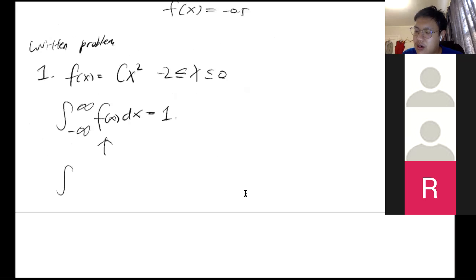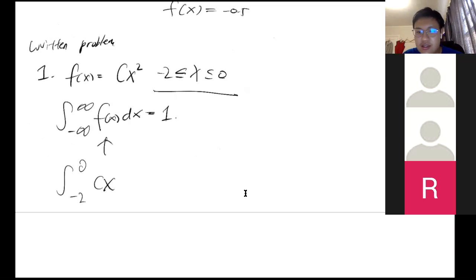Again, x is in the range of negative 2 to 0. So essentially, we just need to take the integral from negative 2 to 0, because for all the other ranges the function itself is 0, so we don't care.